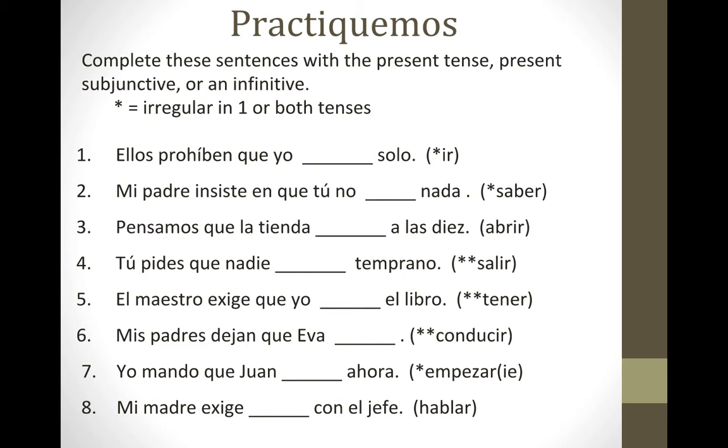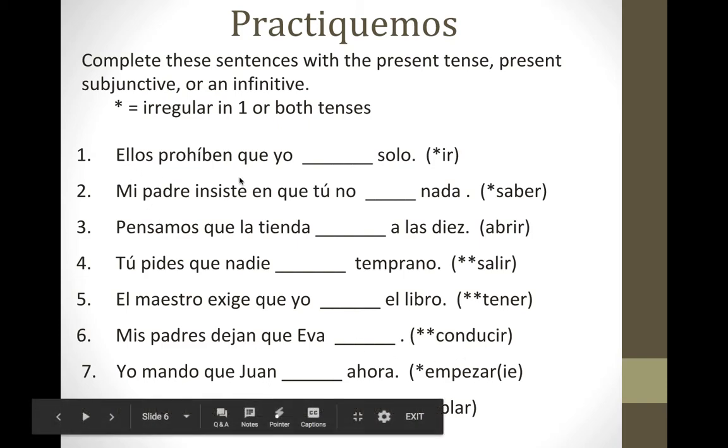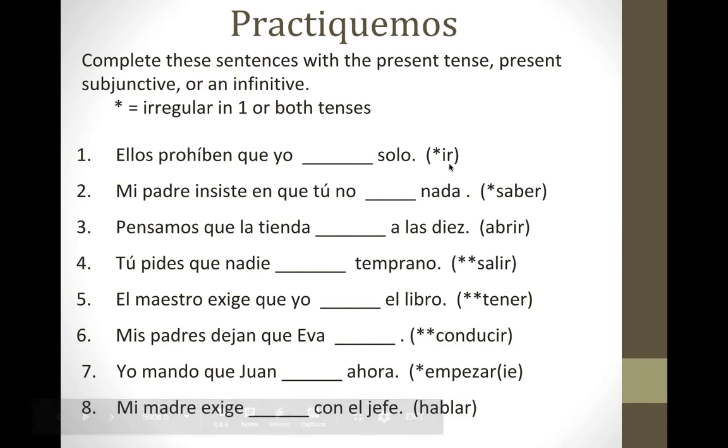Prohibir, is that a weird verb? Yes, it is. It's number 5 on your list. And is there a change in subject? Yes, there is. Ellos goes to yo. So ir is going to be in the subjunctive, and its form will be vaya, V-A-Y-A. Please pause me and work through numbers 2 through 8.